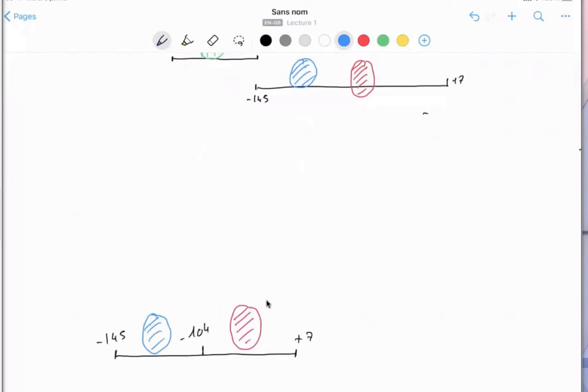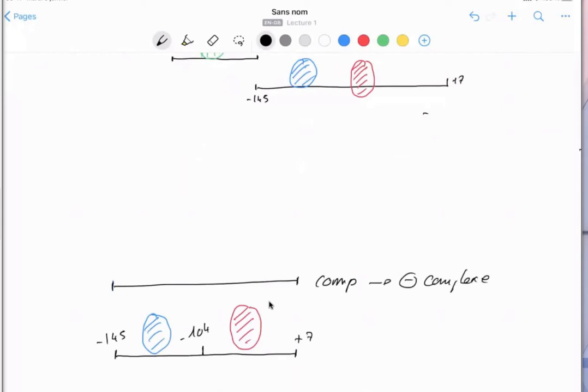If you use the fragment which is the same as the probe, so minus 145 to plus 7, exactly the same as a competitor, you don't have any more complexes.